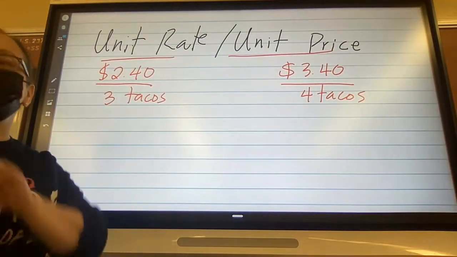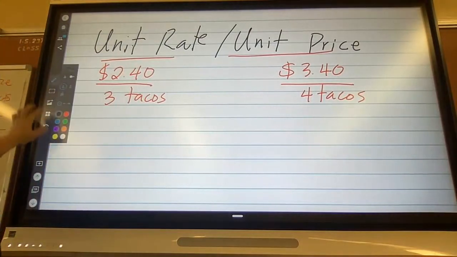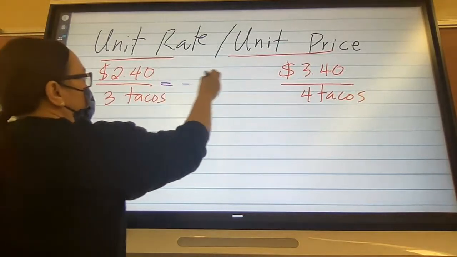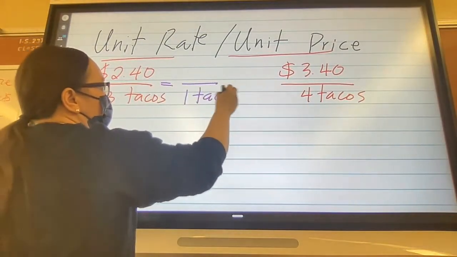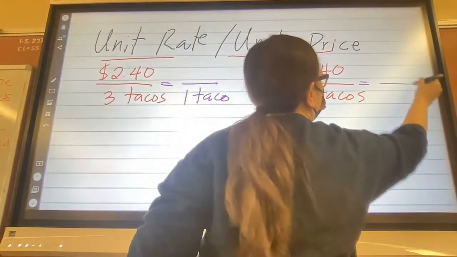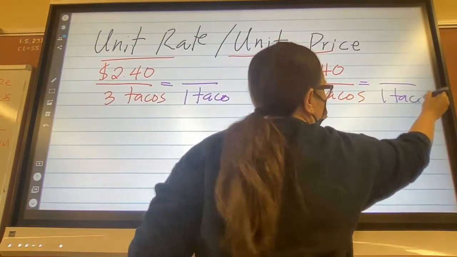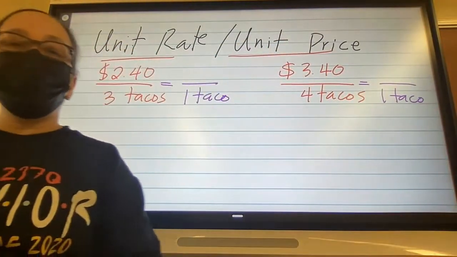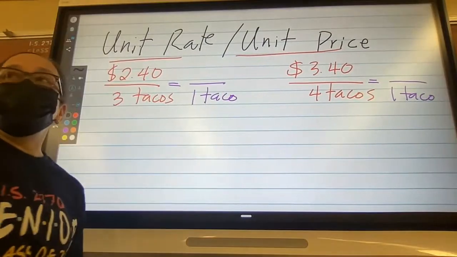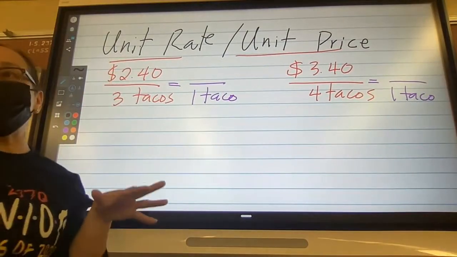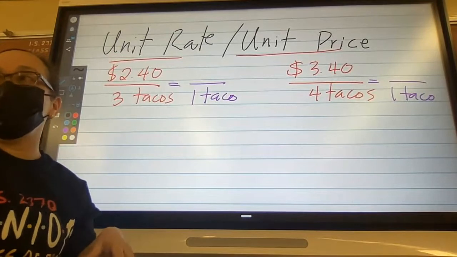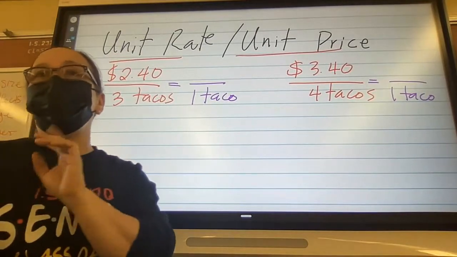I'll give you a moment to solve it. How much will it be for 1 taco? Solve, I'll give you a minute or two. We have $2.40 for 3 tacos. How much will it be if I only buy 1?